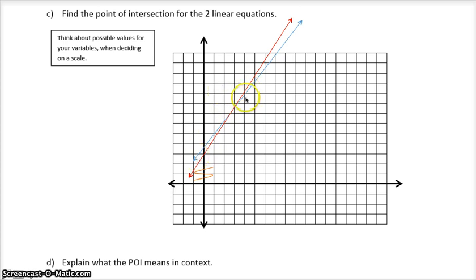Okay, so it's kind of difficult to see where our point of intersection is, isn't it? But what we'll find is that for the cost of renting 2 games, we'll have the same point of intersection. So what that means is for 2 games, it costs $14 at both locations.